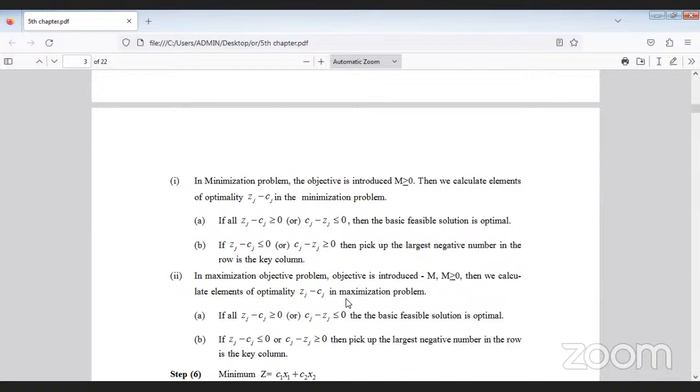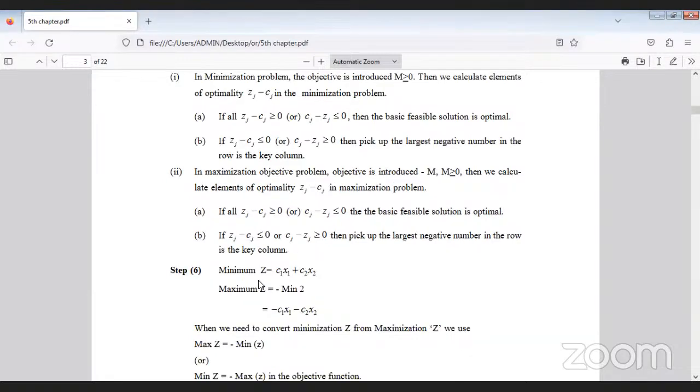In a maximization problem, with objective minus M, we calculate the elements of optimality Zj minus Cj. If Zj minus Cj is greater than 0, or Cj minus Zj less than 0, the basic feasible solution is optimal; otherwise it is not optimal.